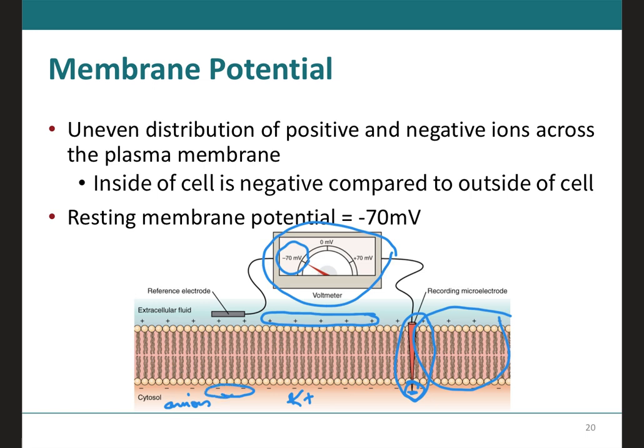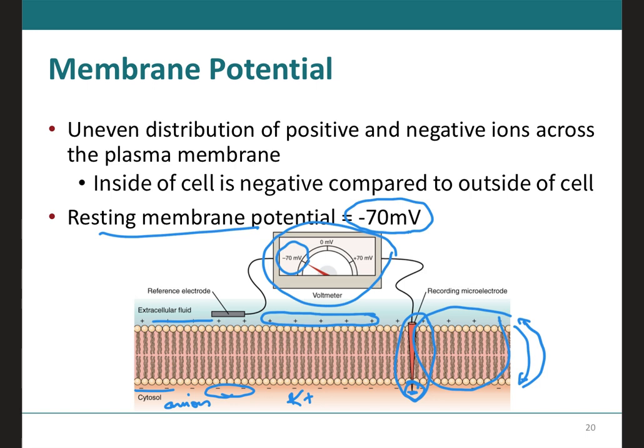So with the ions being distributed across the membrane at these concentrations, there's going to be a difference in charge, which is measured at minus 70 millivolts, which is the value that's described as the resting membrane potential. So every time that we say that the neuron has a resting membrane potential, we refer to it as containing a charge of minus 70 millivolts.